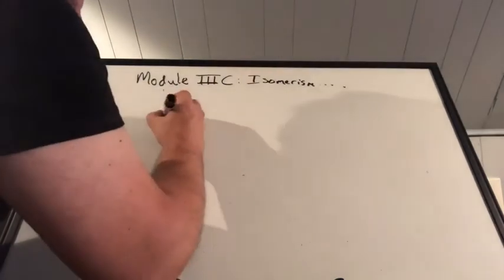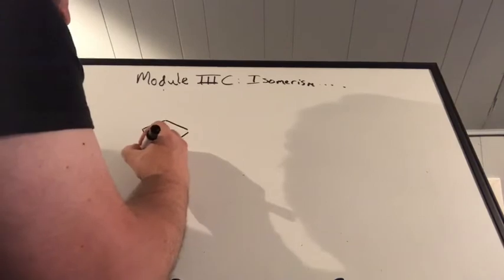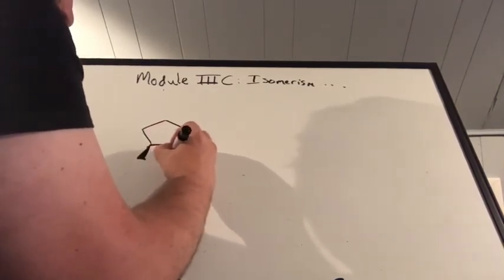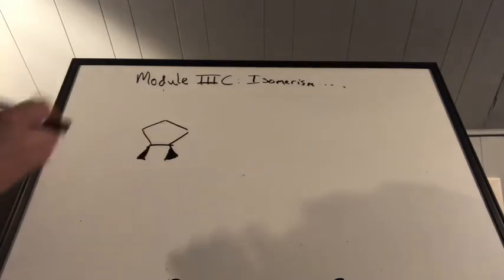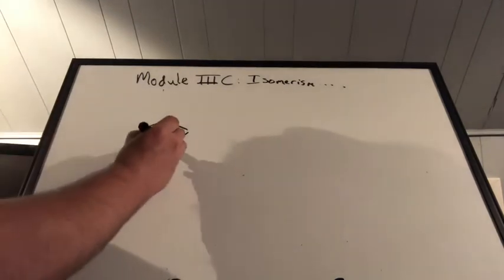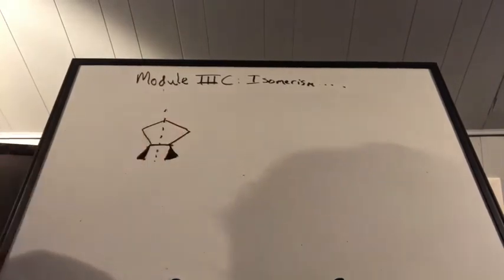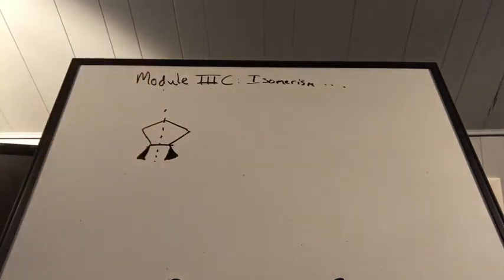So the first one is going to have dimethyl cis, right, about that particular ring. So if both are sticking out, there's clearly a plane of symmetry here, if I were to draw it perfectly, right? So it's going to go perfectly vertical up and down.